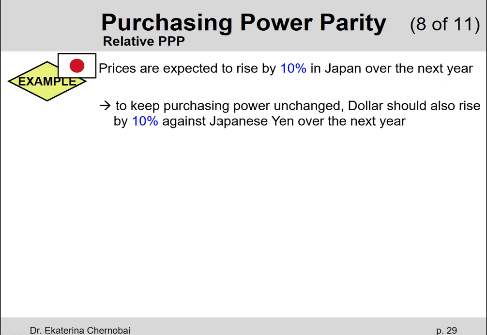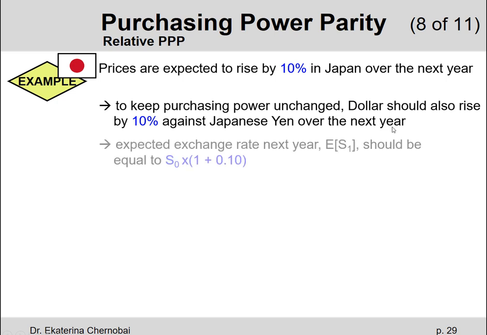So if you want to travel to Japan in 1 year and be able to buy the same amount of stuff with your dollars exchanged into yen, in other words, to keep your purchasing power unchanged, the dollar should be exchanged into 10% more yen, right? So if everything is 10% more expensive, but each dollar is exchanged into 10% more yen, then you feel like there is no difference to you. So the dollar should rise by 10% against the Japanese yen over the next year.